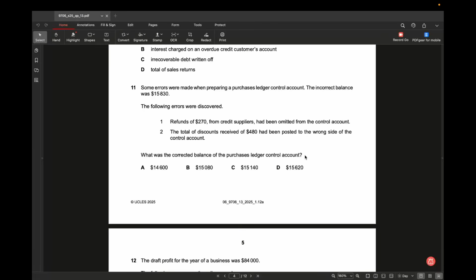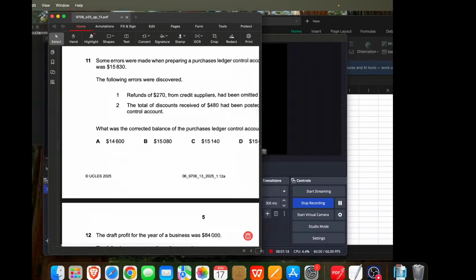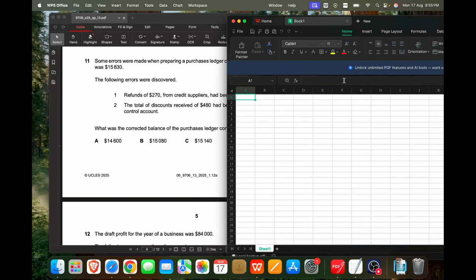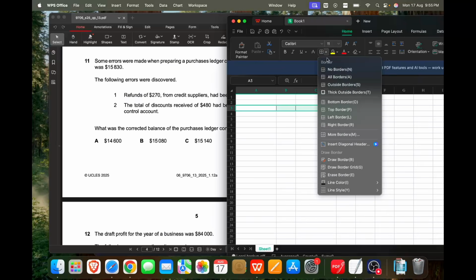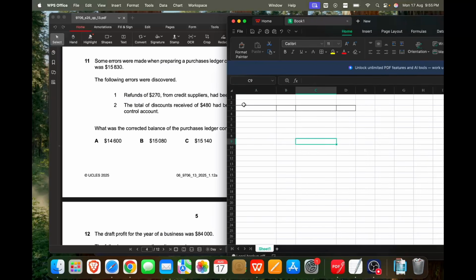So if we had to solve this, then we need to look at the control account that we have. Let's imagine this is our control account here. This is our debit side and this is credit side.